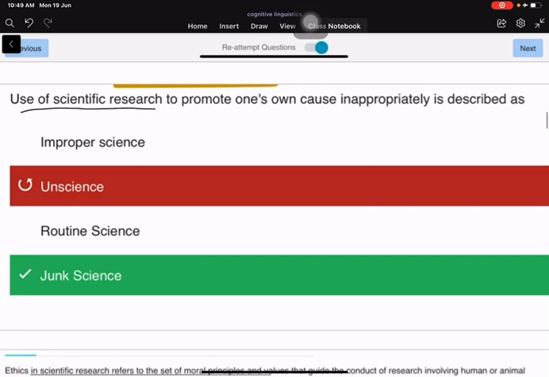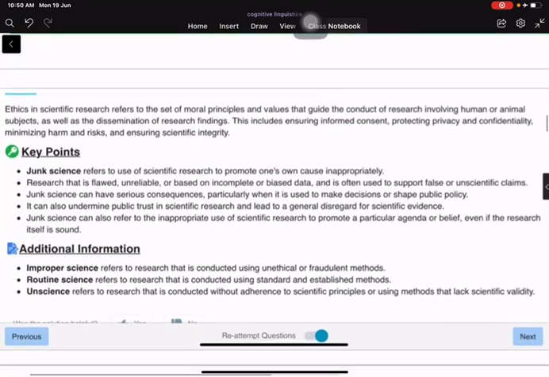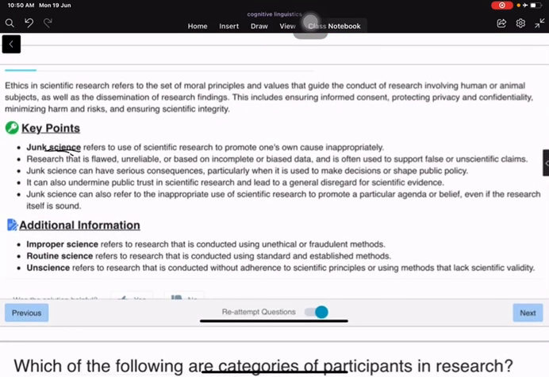The use of scientific research to promote one's own cause inappropriately is described as junk science. Junk science is research that is flawed, unreliable, or based on incomplete or biased data and is often used to support false or unscientific claims.